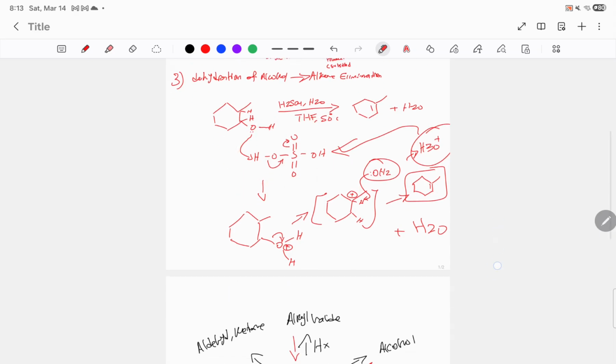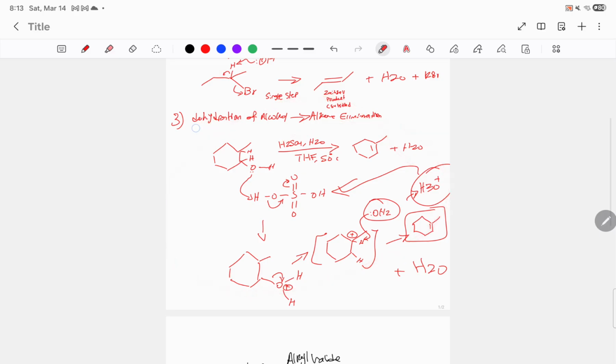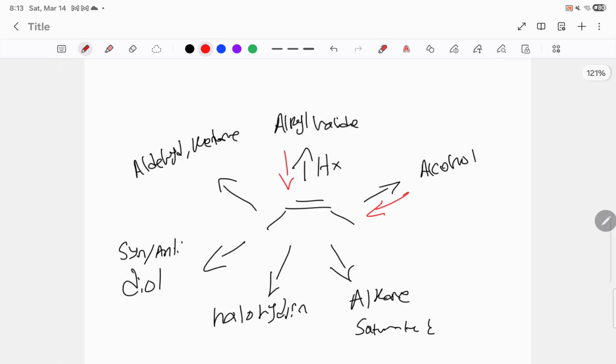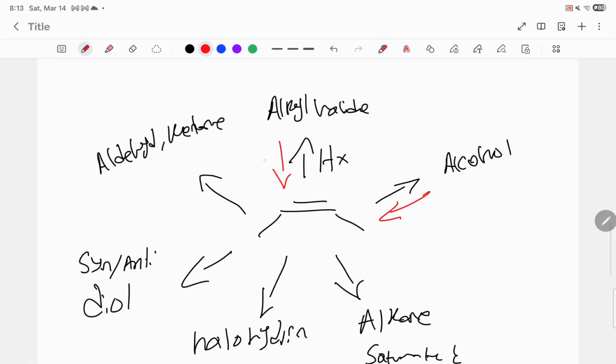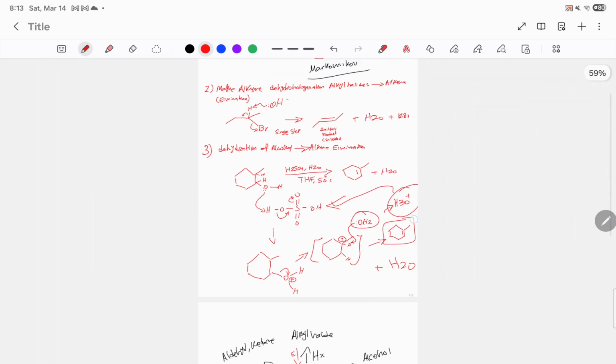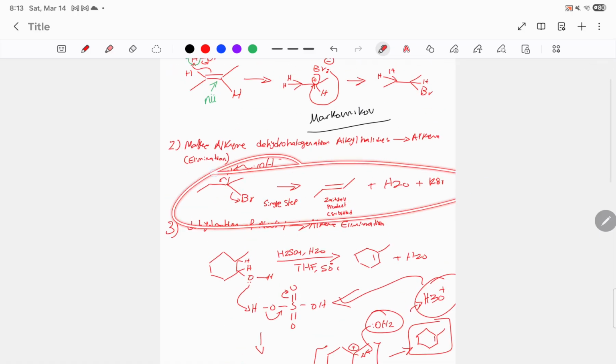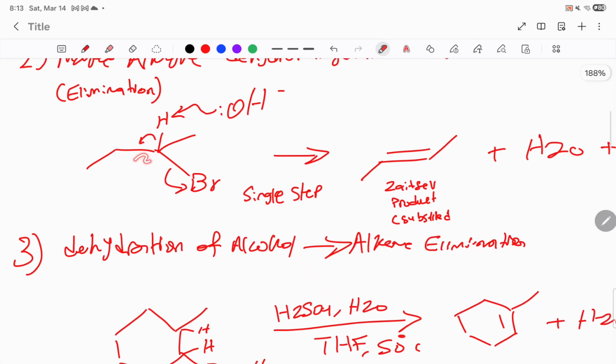But this is a reaction of how we can take alcohols and turn them into alkenes. Just eliminate. So alkyl halide back to an alkene, elimination. Alcohol to an alkene, elimination. What kind of elimination depends on what kind of starting substrate you have. For example, over here, we had a secondary alkyl halide, so we went through an E2 elimination.